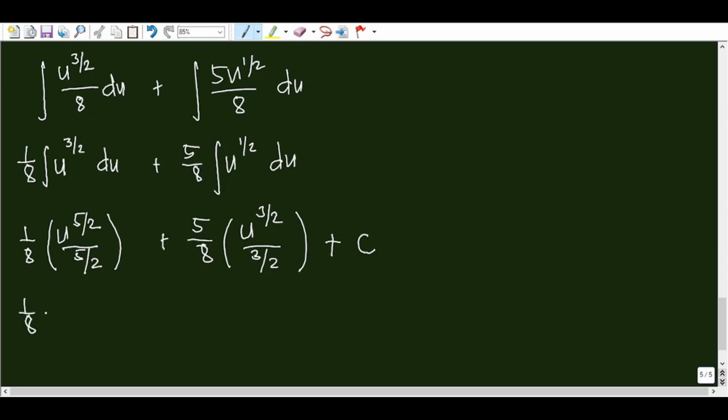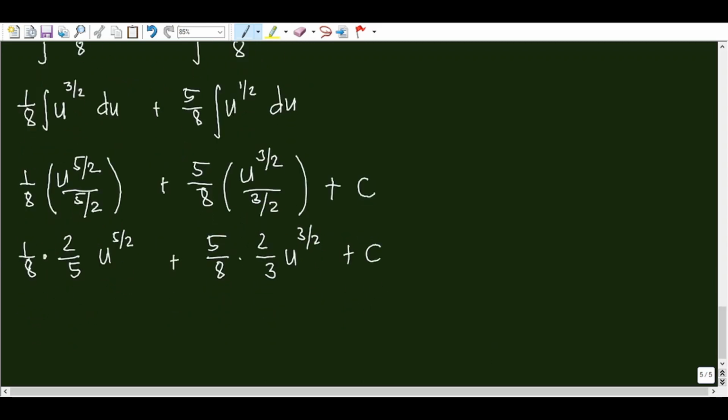That is 1 over 8 multiplied by 2 over 5 u raised to 5/2 plus 5 over 8 times 2 over 3 times u raised to 3/2 plus c. That is now equal to 1 times 2, 8 times 5 u raised to 5/2 plus 10 over 24 u raised to 3/2 plus c.